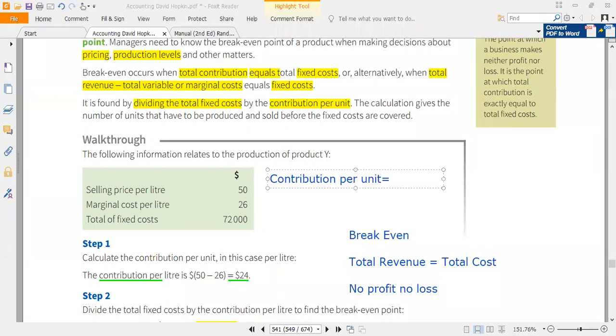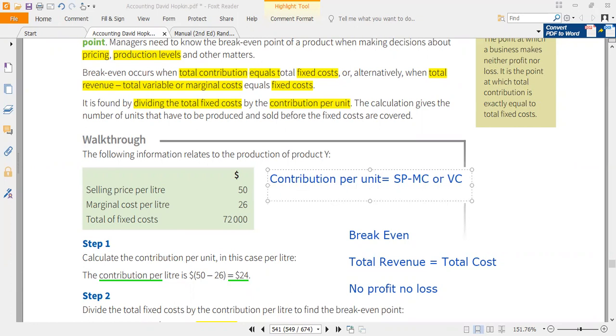Contribution per unit is equal to sales price minus marginal cost, or variable cost. Up to here, if you have any problem, you can ask me. Marginal cost and variable cost are the same thing. Here, how much is it?